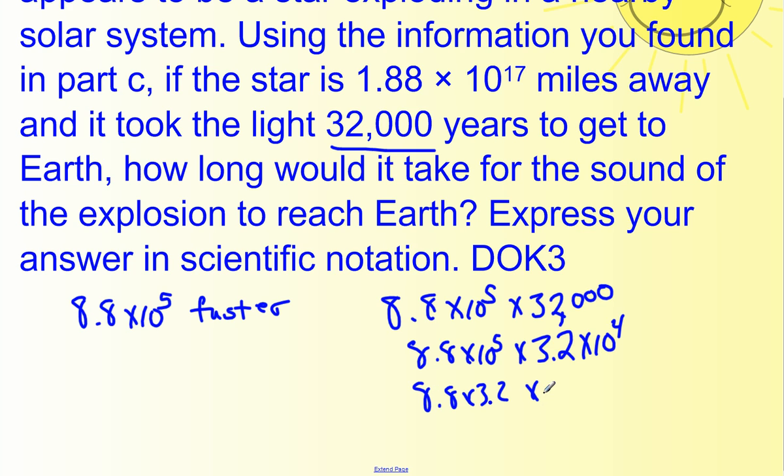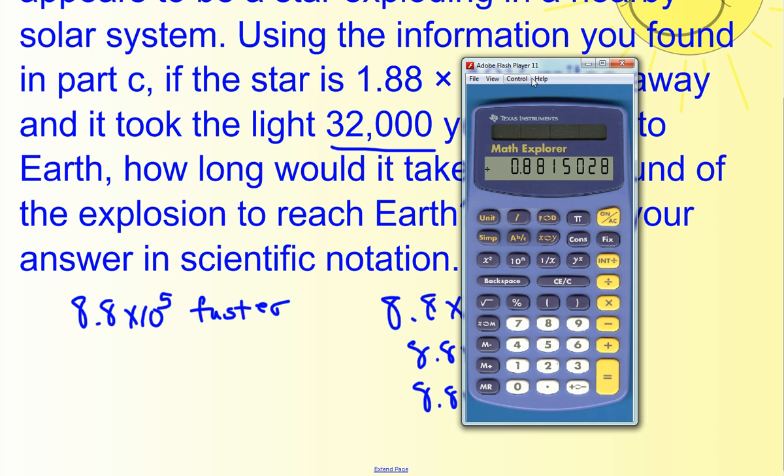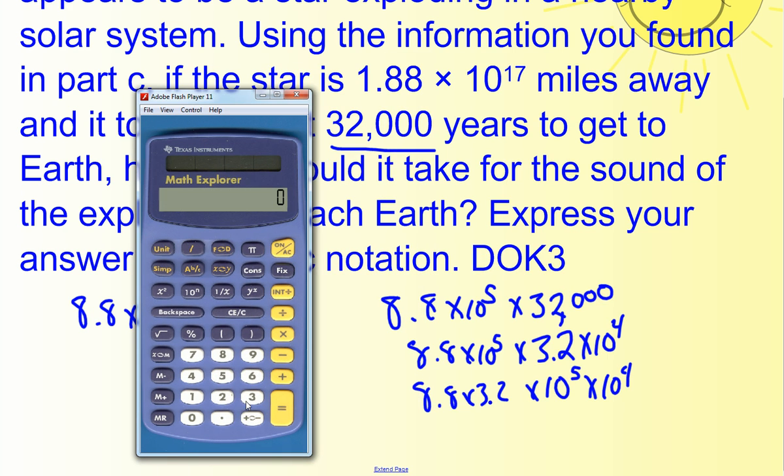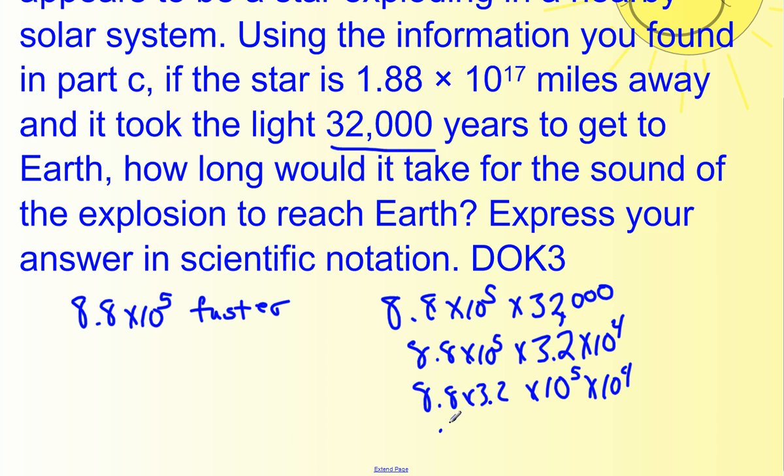Calculator says 8.8 times 3.2 equals 28.16, times 10 to the 9th, and the answer would be in years. So it would take this many years for that sound to get to the Earth.